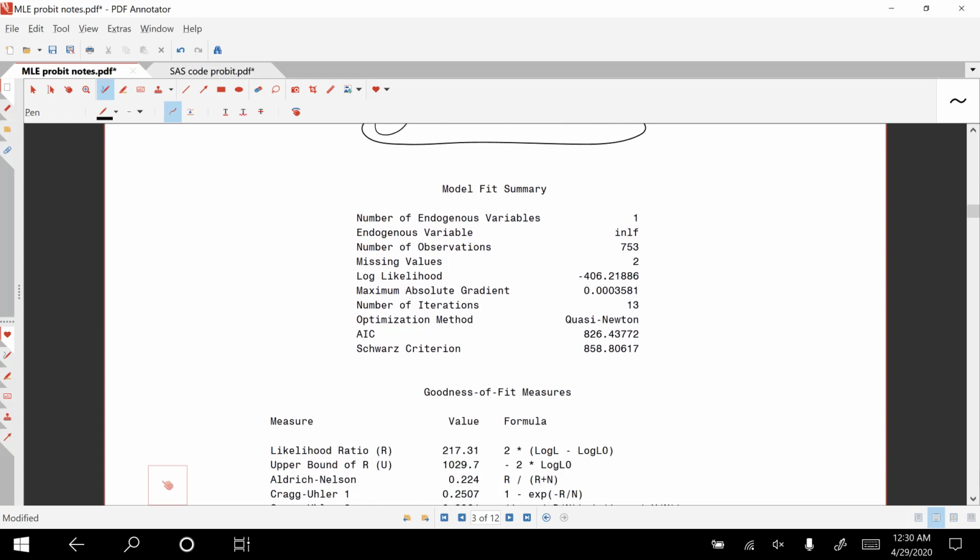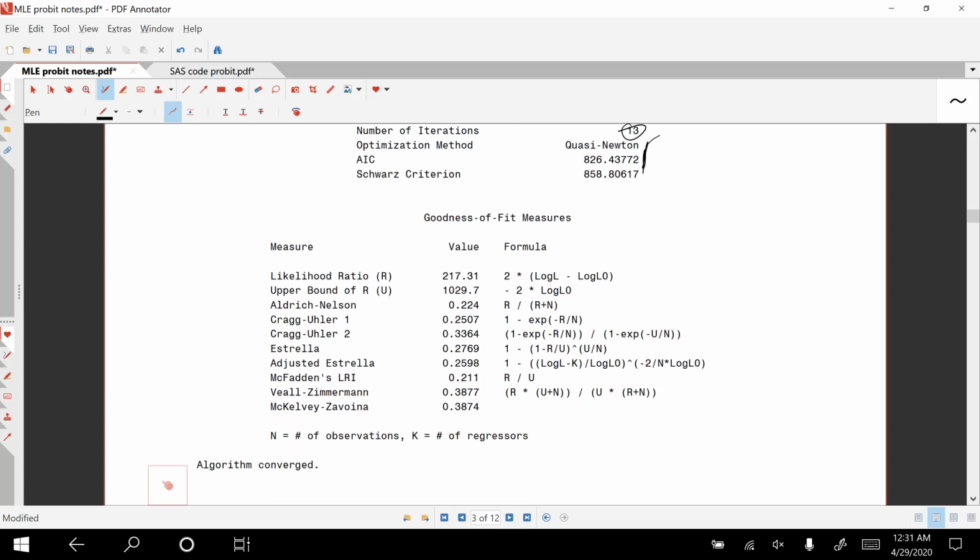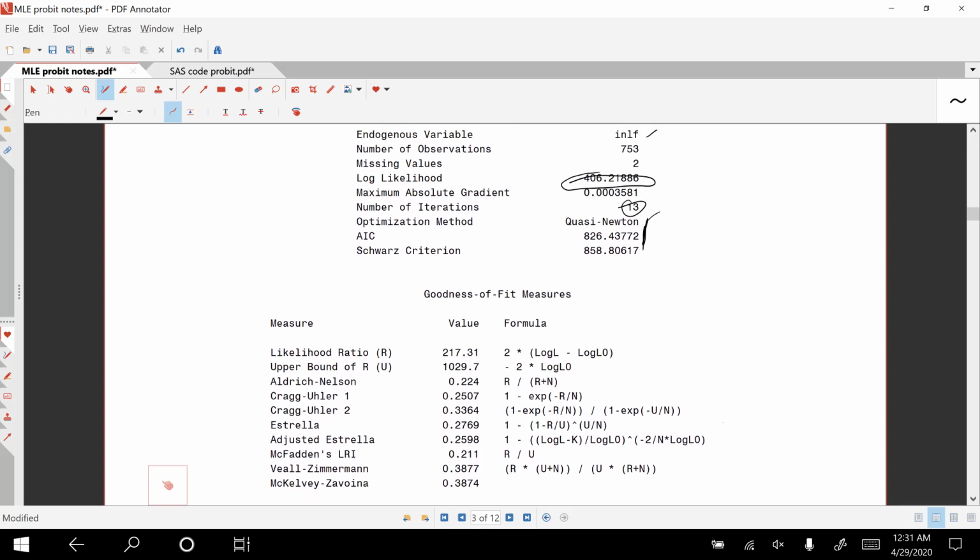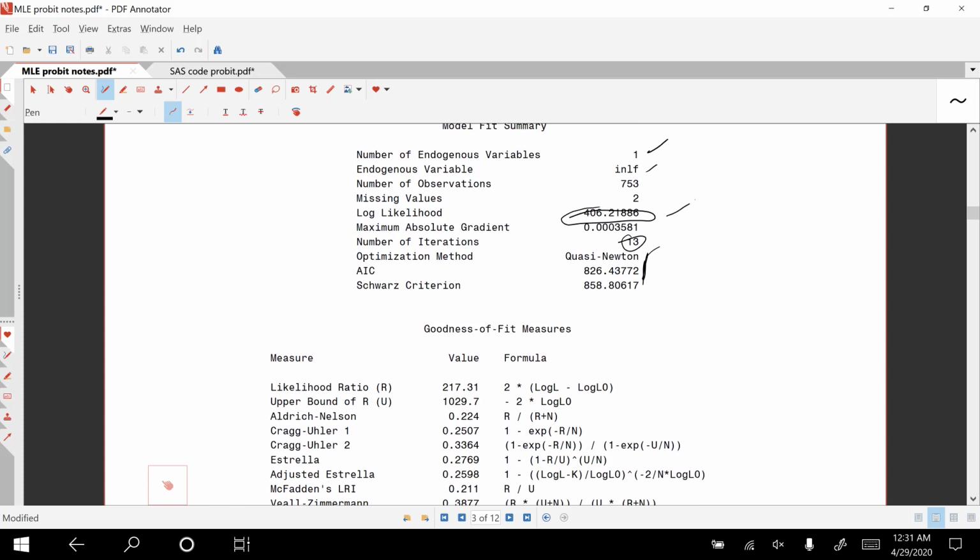For endogenous variables, we only have one, so that's our dependent variable. These are optimization procedures. It took 13 iterations. This is the log likelihood value. We'll go back to the goodness of fit measures, but the log likelihood value is 406.